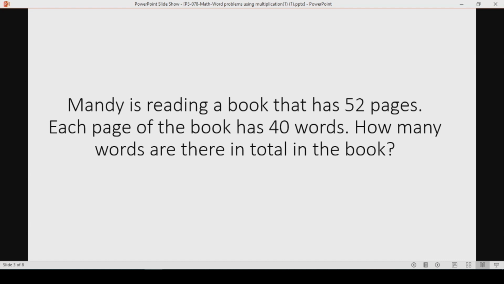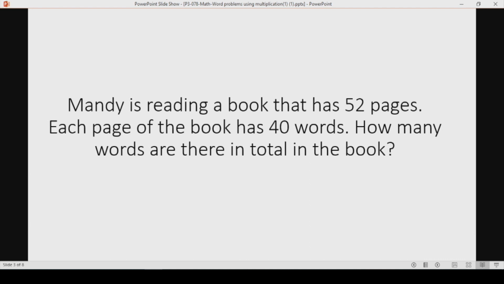So, how many words are there in total in the book? We can say there are 2,080 words in total in the book.